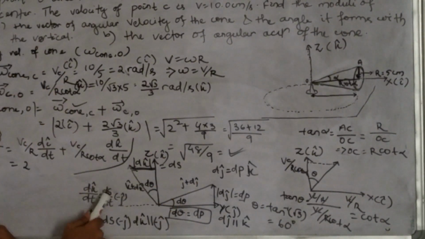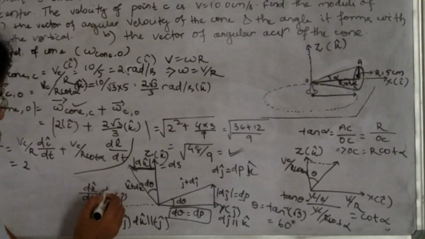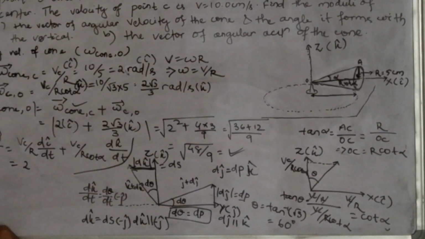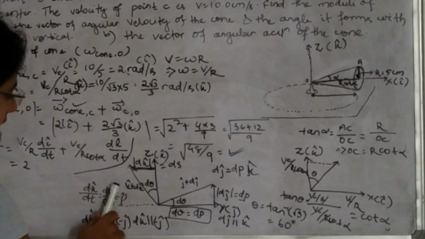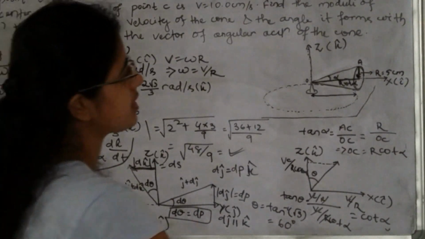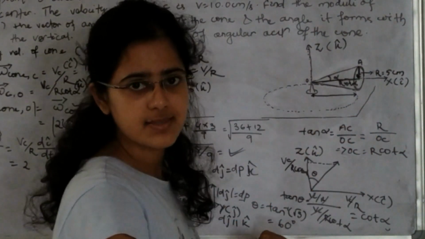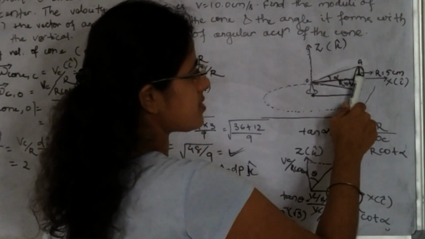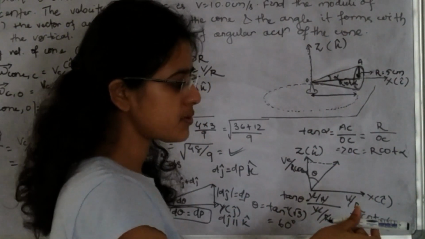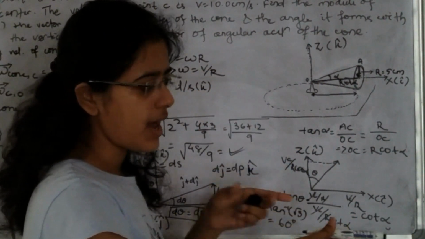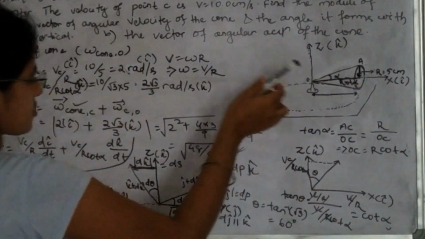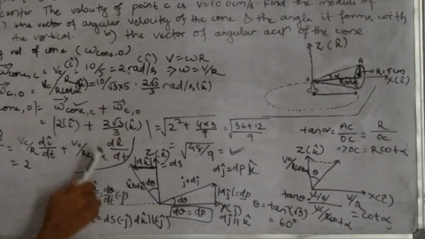Put this here. In place of ds, I can put d theta divided by dt. Okay, so d theta divided by dt. As here we have considered the cone with respect to C, that means we have considered the C position, and for that C position it is rotating in the yz plane along the x-axis. So the omega value is how much here?